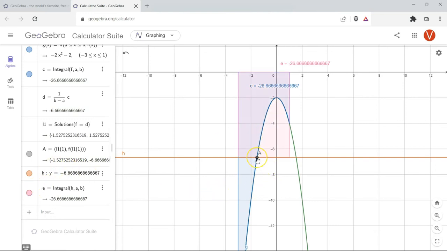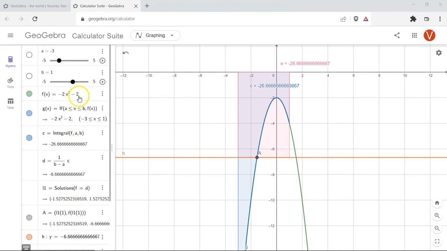So that is what this mean value theorem means visually. And you can keep changing this function to figure out different contexts.